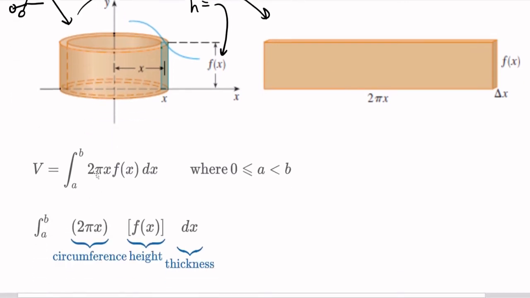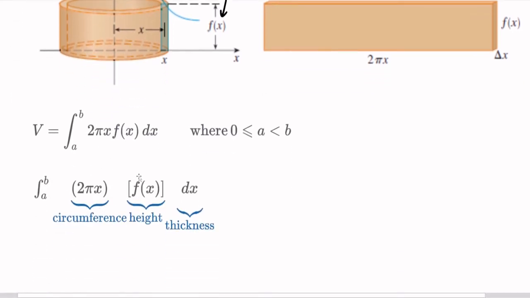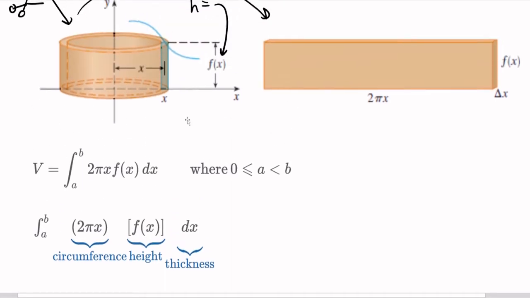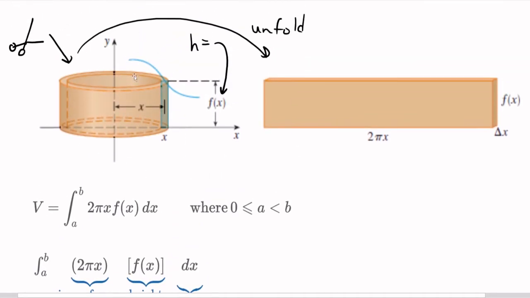So when looking through this, and it does a nice job here, the 2 pi x is the circumference of this cylinder we're putting in. The height of the cylinder is f of x, and the dx represents this thickness here. And that's our formula. 2 pi x, f of x, dx will be the formula we use in a general scenario when we are going about this axis here.